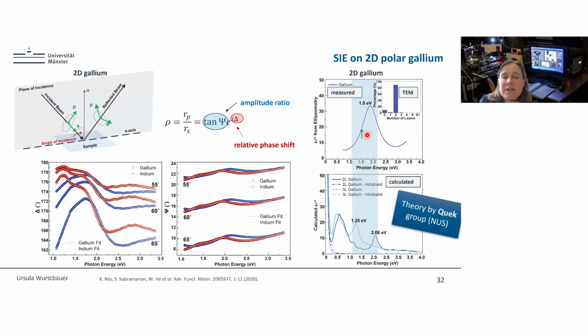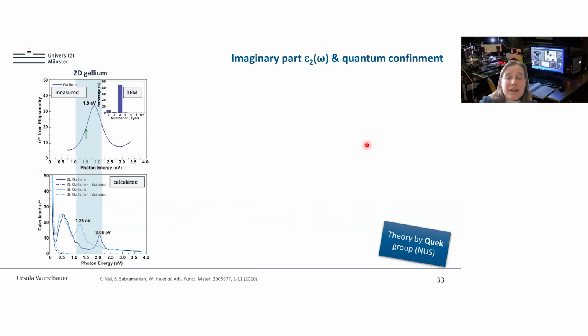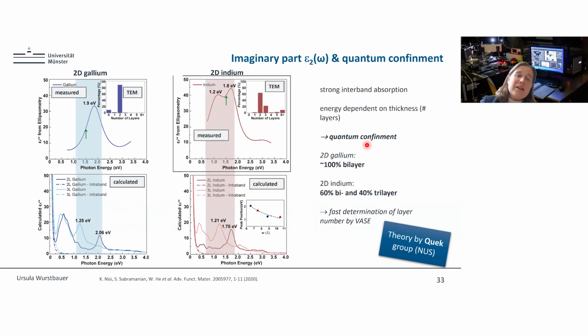Also here, where the arrow is, we have a so-called epsilon-zero region, where epsilon 1 turns zero, meaning the wavelength of light is getting infinite. We can also do it for indium. In this case, for indium, we still see a localized plasmon. However, we see two peaks here.